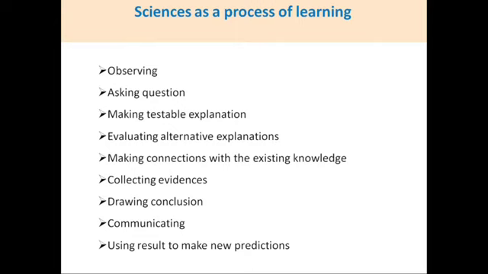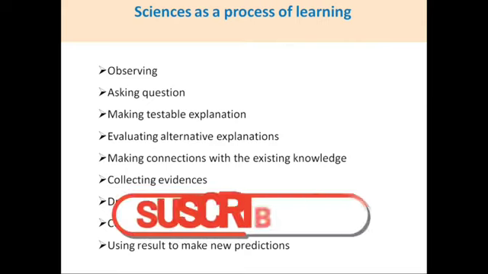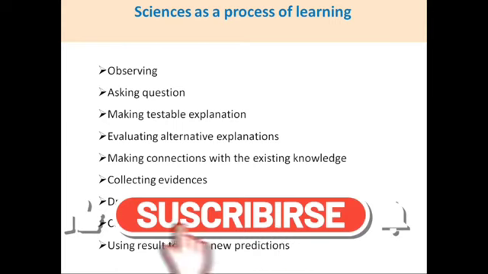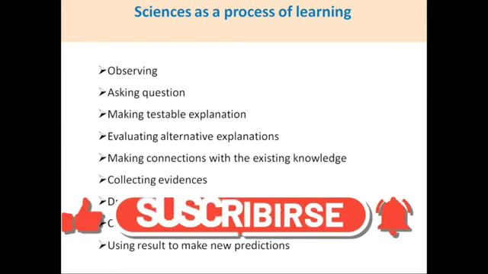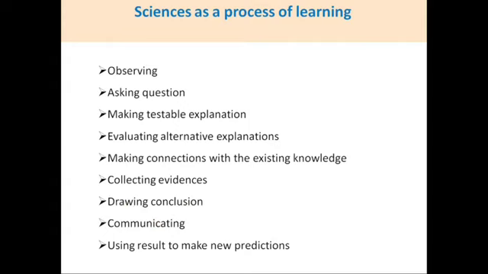For example, what is the wavelength of the color used in this photograph, in this painting? So we cannot ask a question like why this color is looking more beautiful. So a testable question, a testable explanation is important, and then we evaluate alternative explanations, and then we make connections with the existing knowledge.